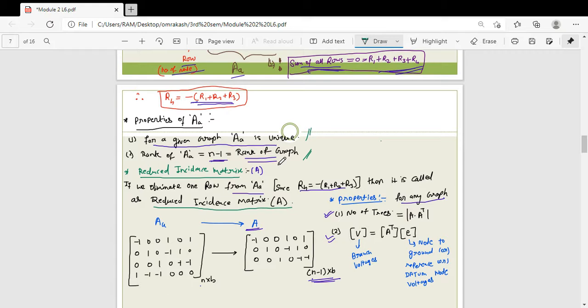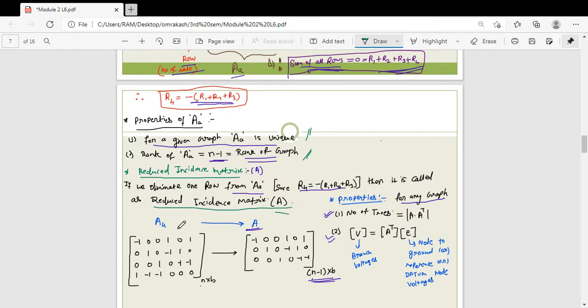Now, the reduced incident matrix. How to calculate it? Simple. We have to eliminate a row from AA. Since R4 is nothing but the sum of the rest of the three rows, it is called a reduced incident matrix.